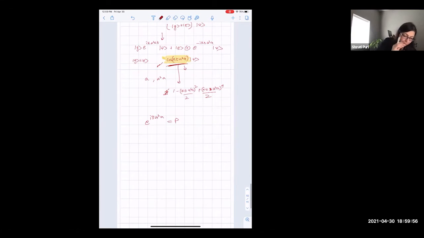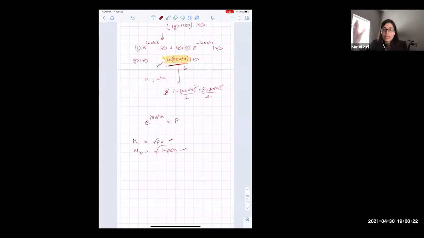So the errors that I'm correcting in the cavity are still low weight, right? Those are the things that I'm correcting for: M1, which is A, and M2, which is 1 minus P, A dagger A. For the code that I've built, these are still low weight errors, right? For example, this is only taking Fock state 4 to Fock state 3, or Fock state 2 to Fock state 1.